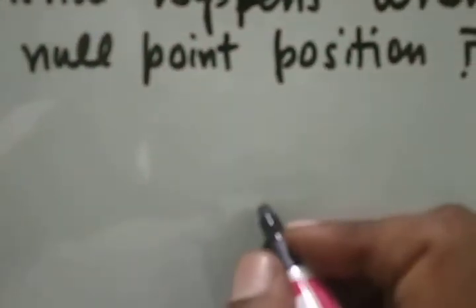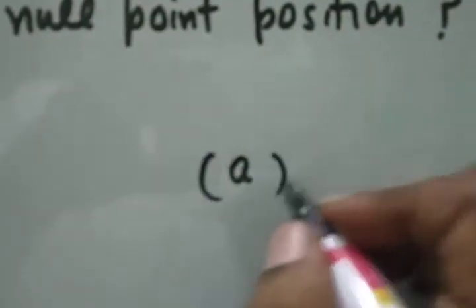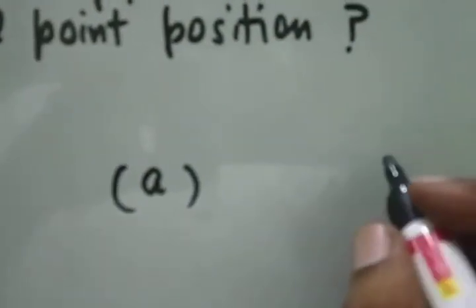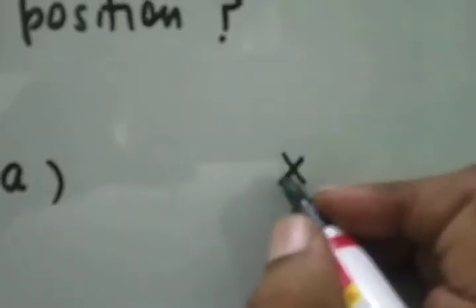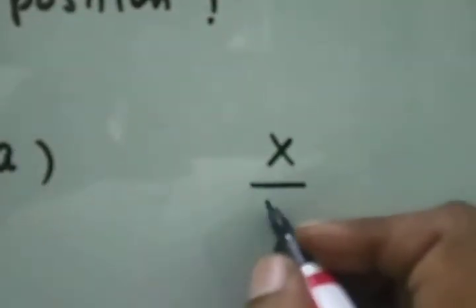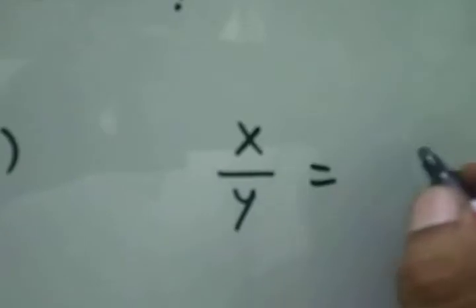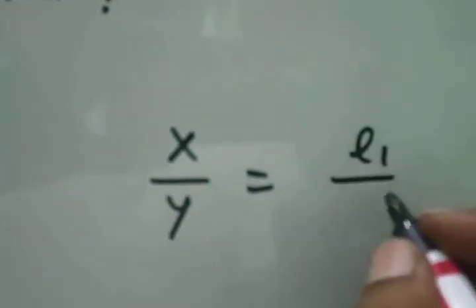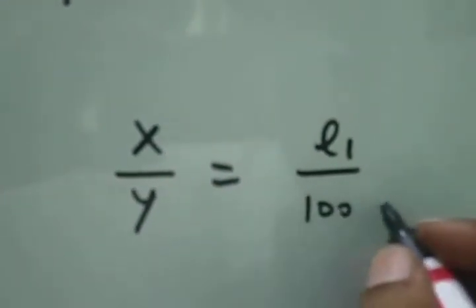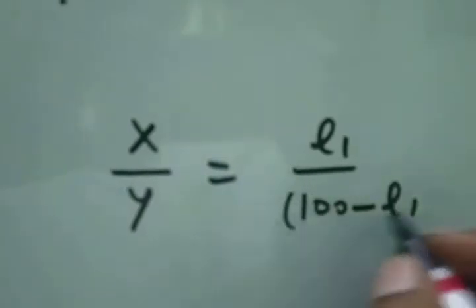So for first part, we write from balance Wheatstone bridge principle, P upon Q is equal to R upon S. So P, that is X upon Y upon L1 upon 100 minus L1.